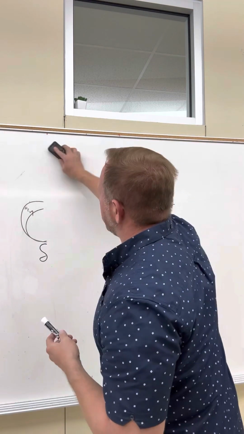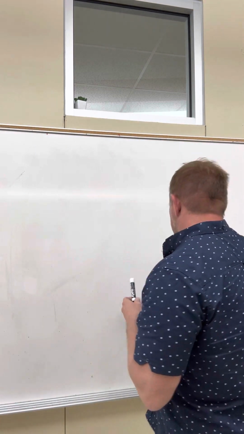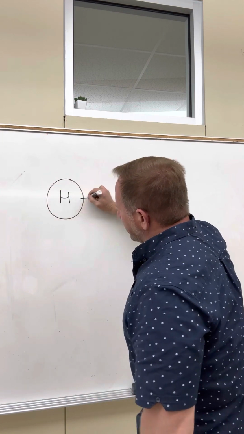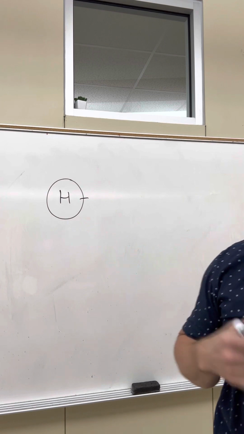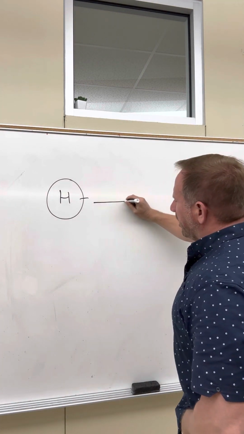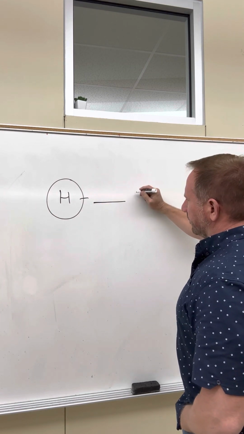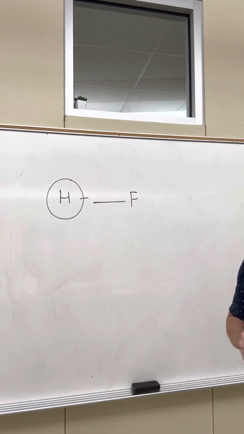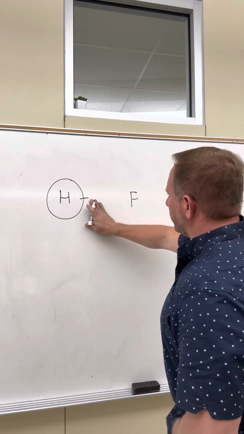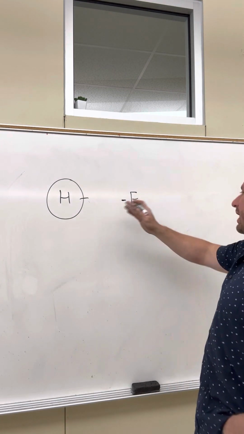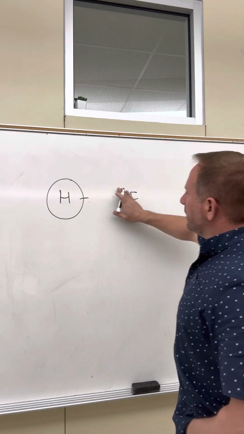Now, with that being said, if you have hydrogen with its one single electron right here, and it bonds with an element over here, let's say fluorine, the most electronegative element. When they share, fluorine says, hey, I will lend you my electron, you lend me your electron, not really, of course, and we're going to share these electrons.